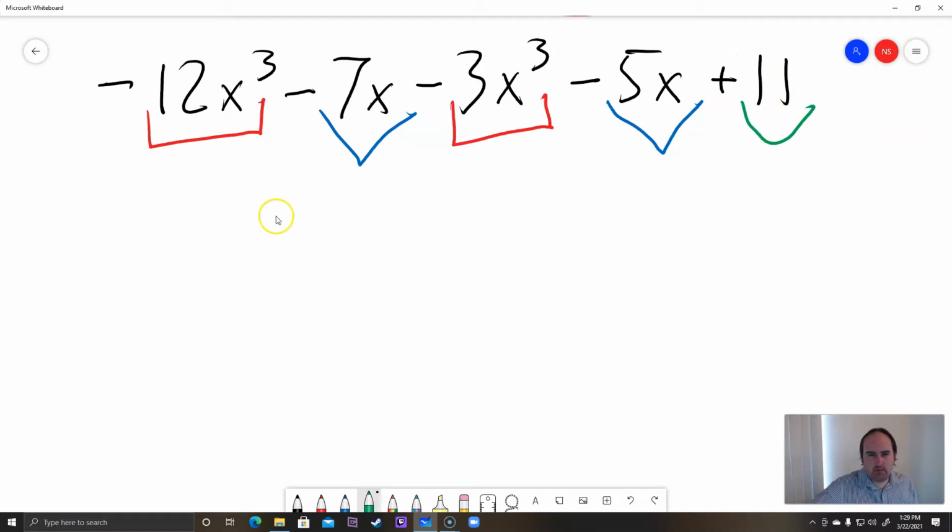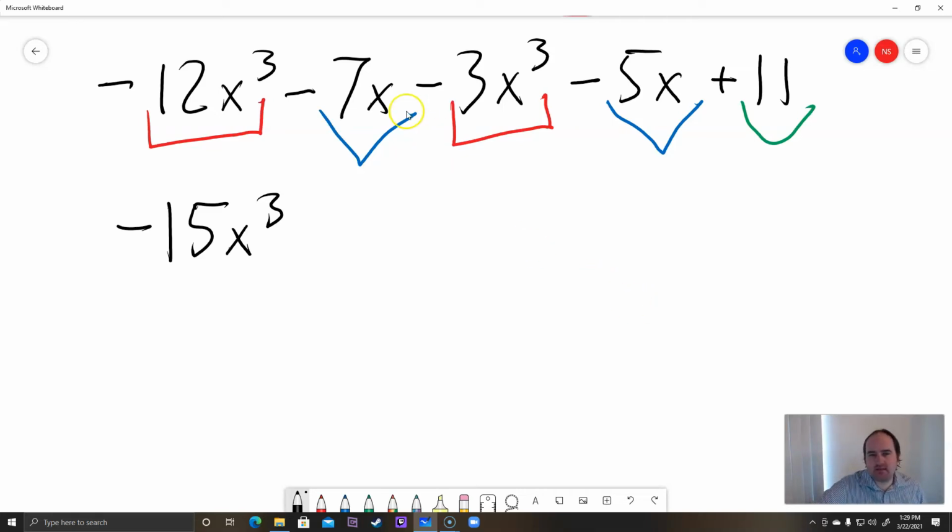Combining the red ones, we have negative 12 minus 3 is negative 15x cubed. Remember, if they're the same sign, you keep the sign and add. So 12 plus 3 is 15, but they're both negative, so it's going to be negative 15.